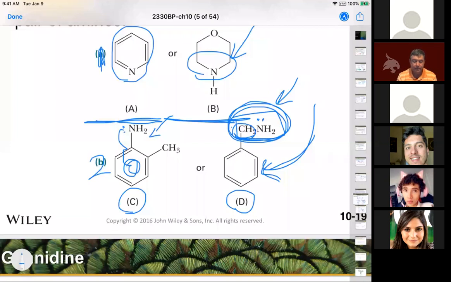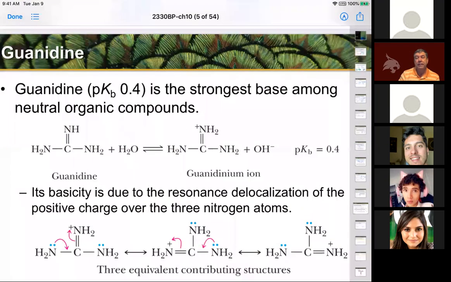That's great. All right, so if delocalization can hurt our basicity, can we also use it to help our basicity? And the answer is yes. In the case of guanidine, this is a naturally occurring product. It's used in a lot of biological systems here. We actually have 2 amines plus an imine, which is this carbon double bonded to a nitrogen.